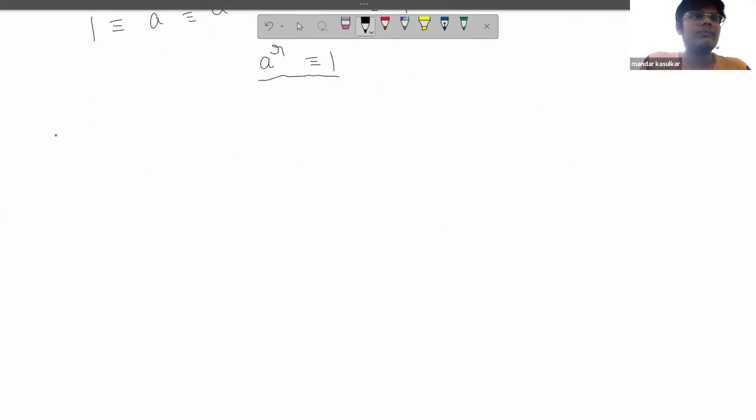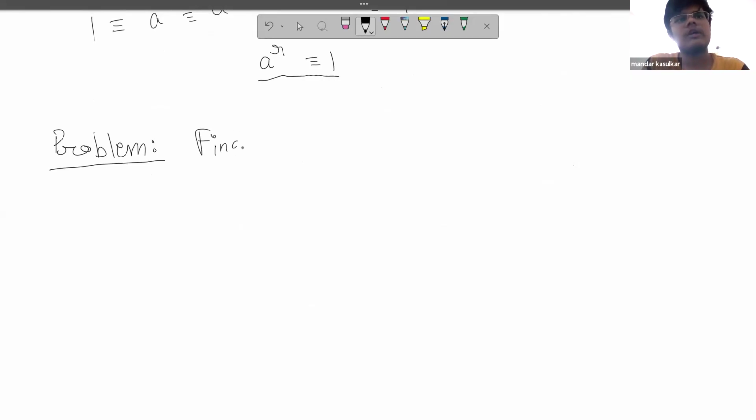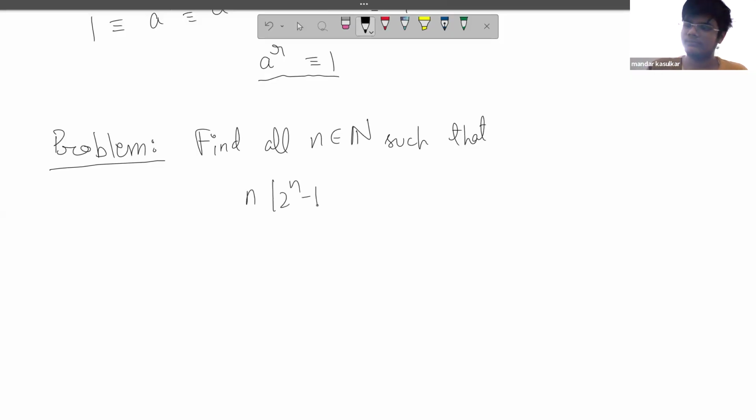So, problem: find all n belonging to the natural numbers such that n divides 2 to the n minus 1. Think on this for 3-4 minutes and then I'll get back.